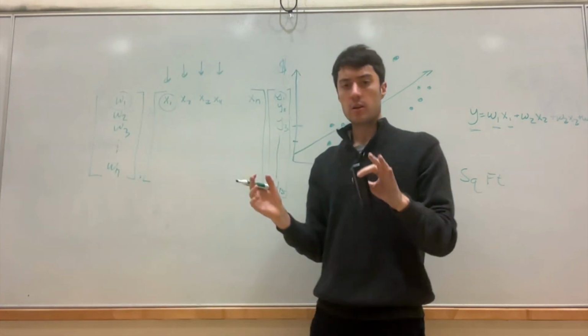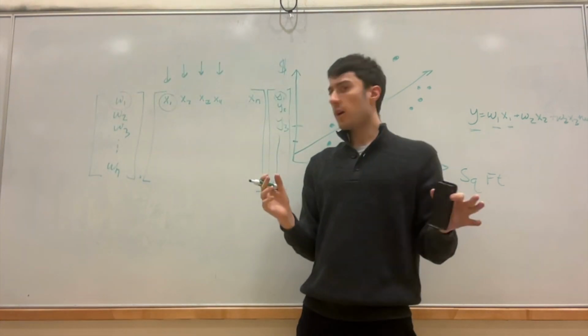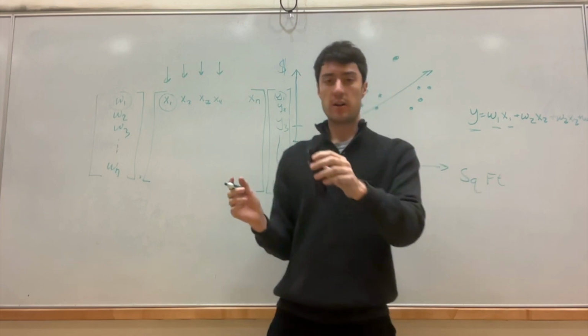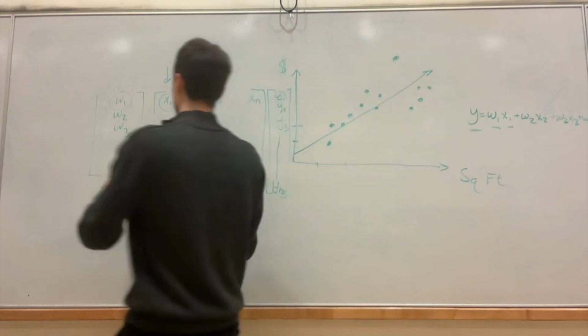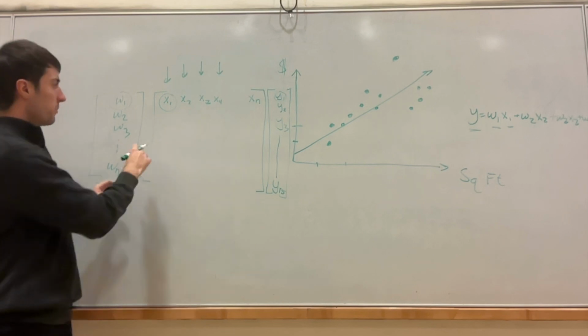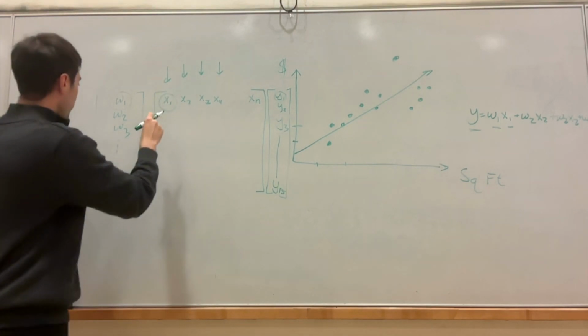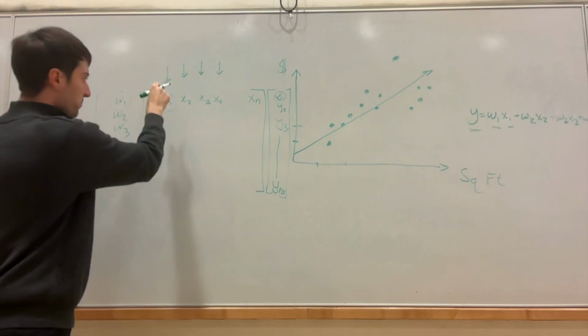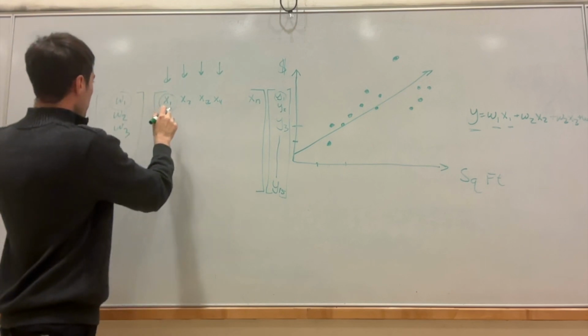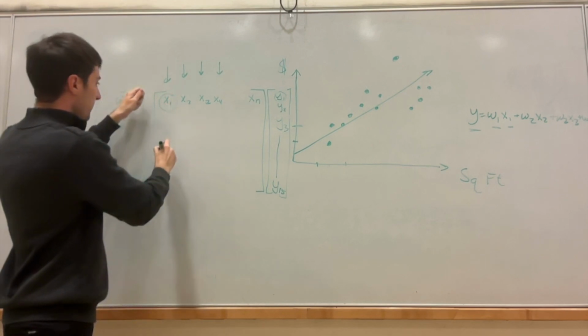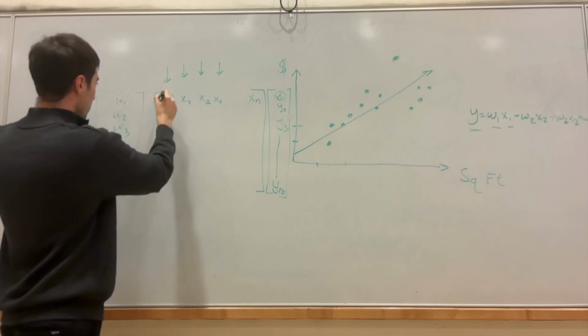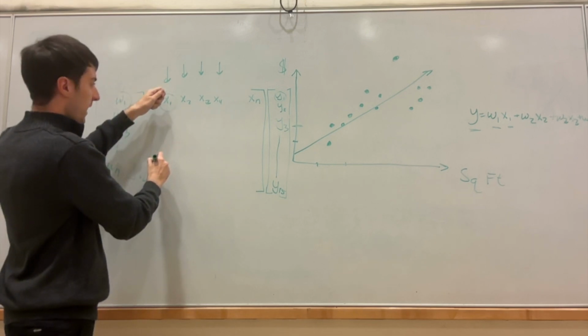Well, if we remember from our linear algebra, the way that we do that is like this. Do you remember matrix multiplication? You have it like this, right? So we want to multiply these corresponding entries and add them.